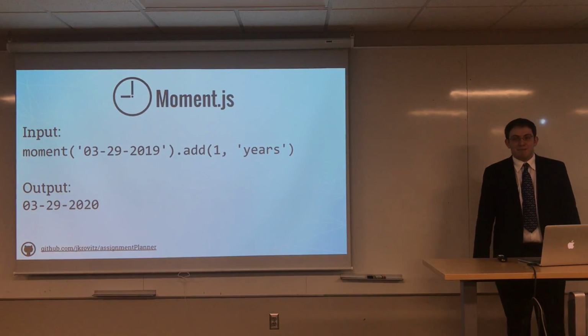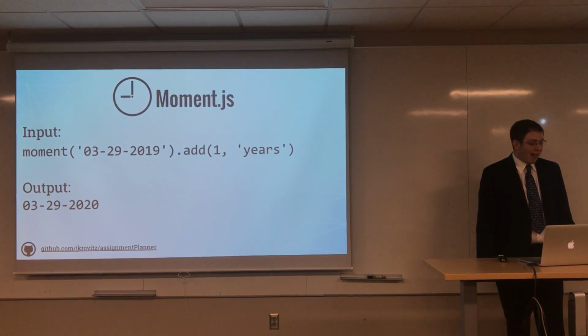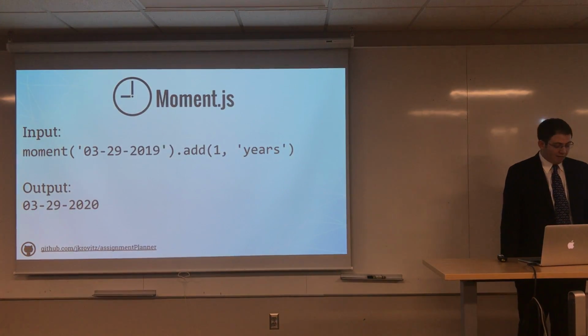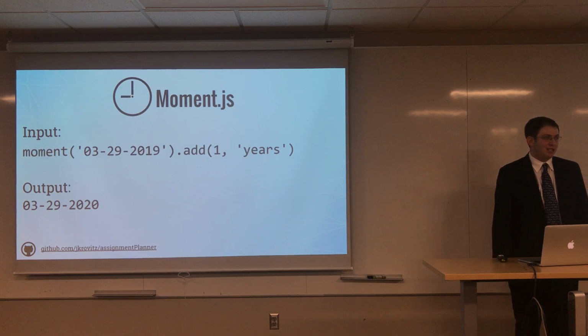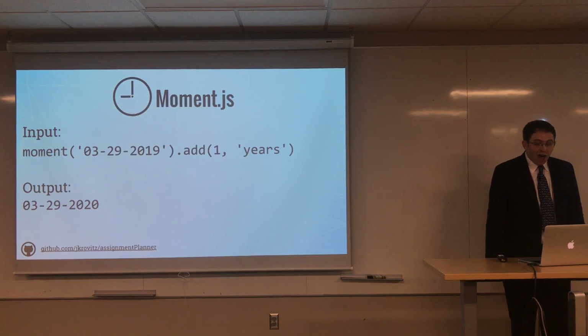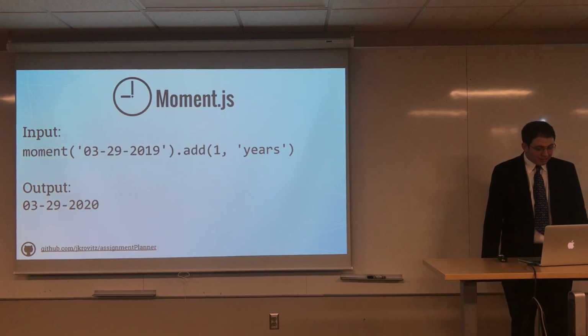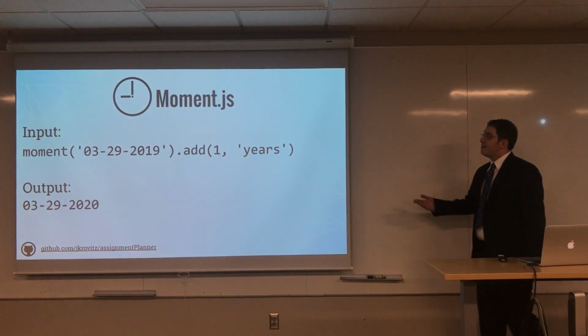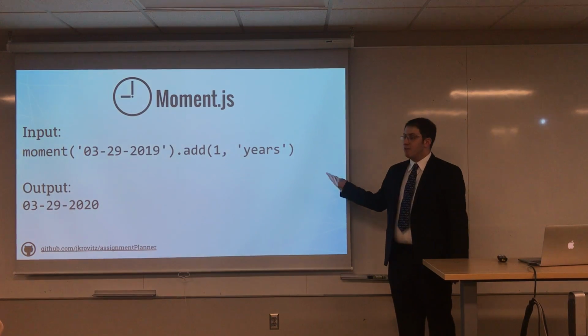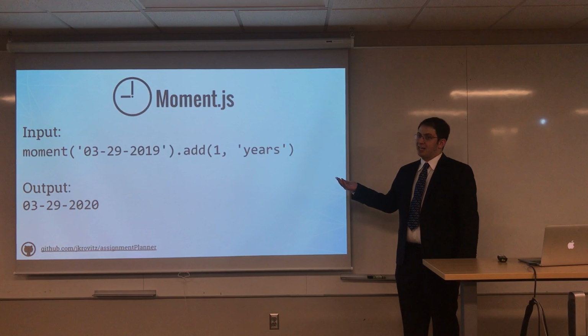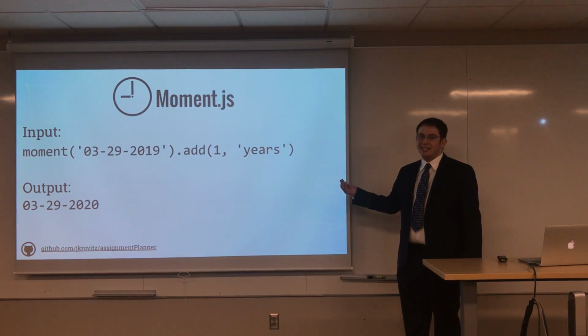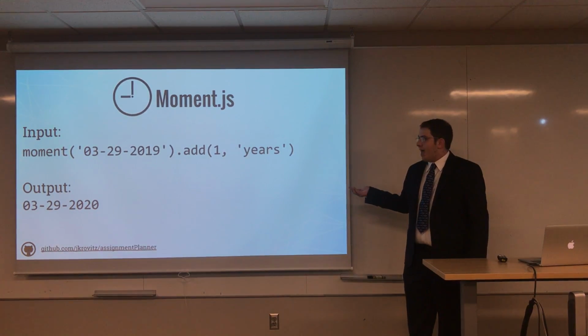During winter break, I did some searching and found out about a wonderful JavaScript library called Moment.js, which solved all of my date problems. Moment.js allows one to integrate date operations in JavaScript very easily. Look at this snippet of code. It is a moment object. It's taking in today's date, March 29th, 2019, and it's just saying add a year.